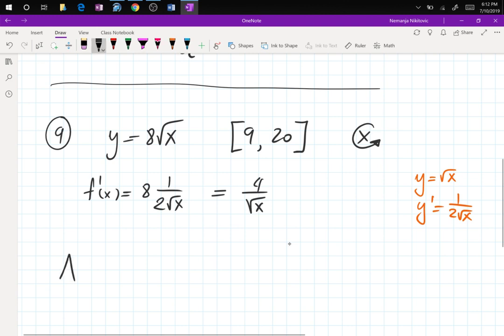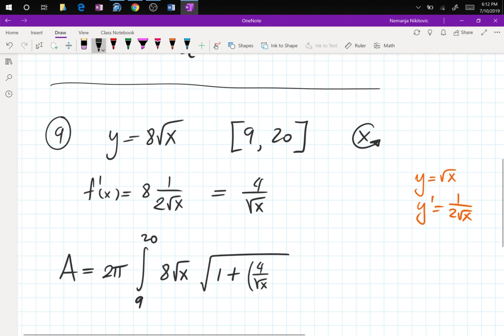Great, we're ready. Area is equal to 2 pi. Don't forget the 2 pi. It's a revolution, right? 9 to 20. Original function, 8 root x, times the square root of 1 plus, and now you have your 4 over root x squared dx.